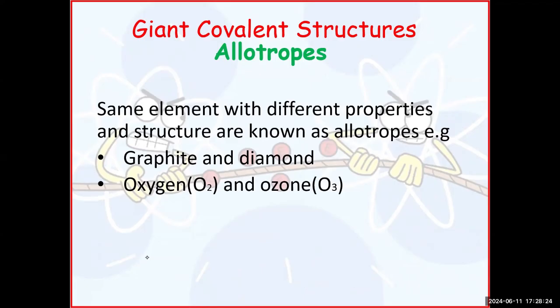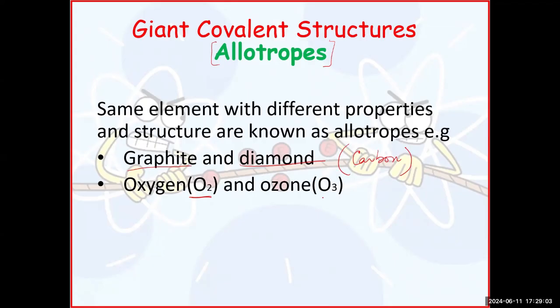Okay. Next thing that I would like you to know is that giant molecular structures are there in the course. We are going to learn about it. But there is one word I want you to know: sometimes the same element, like graphite and diamond, both are made up of carbon atoms. Similarly, oxygen is a gas we inhale during respiration.